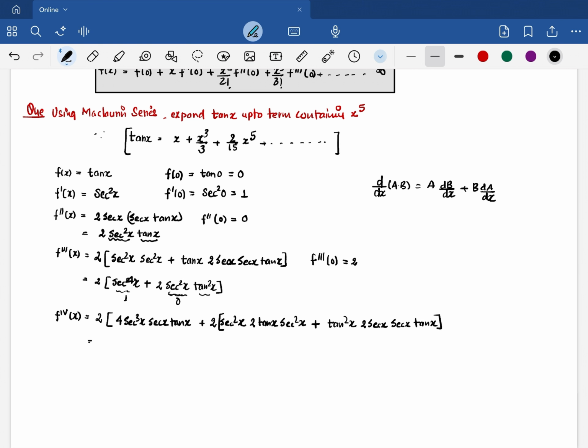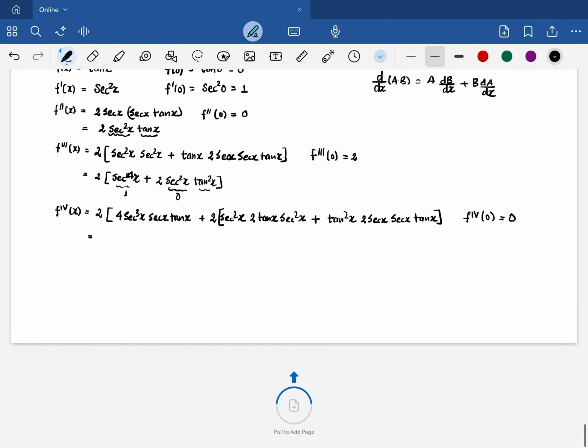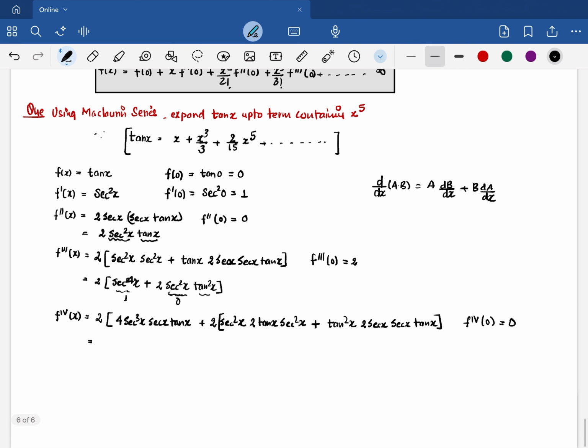Okay, and when we go on calculating, the fourth derivative comes out to be 0. In the same fashion you can also calculate the fifth derivative. I'm not writing the results for you, you just calculate it on your own, to make things more conceptual and so you practice more, and you will find that the value of the fifth derivative is 16.